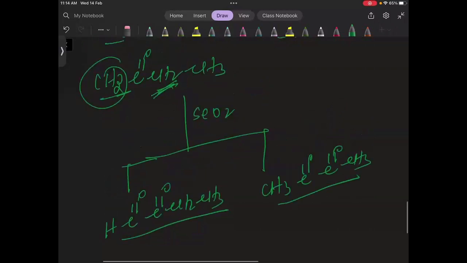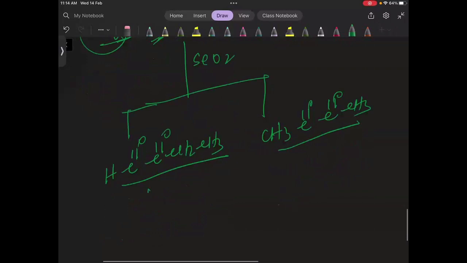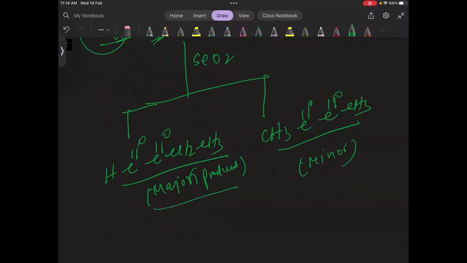Students, see that I earlier said the first preference is the methyl, and then the second preference is the methylene group. So the first preference is the methyl, meaning it is the major product. Here is the major product, and there is the minor product. So what is the name of this compound, students?